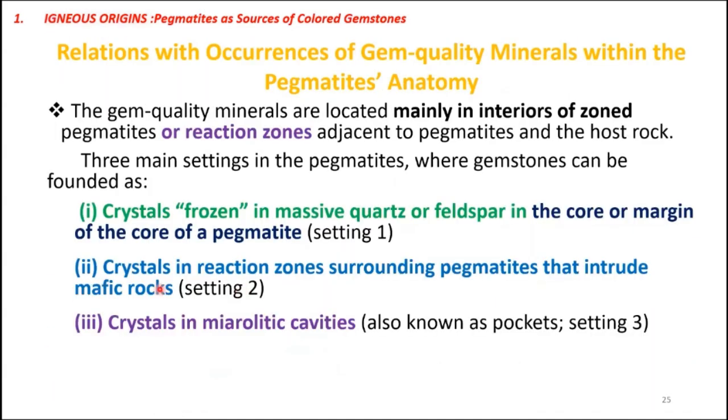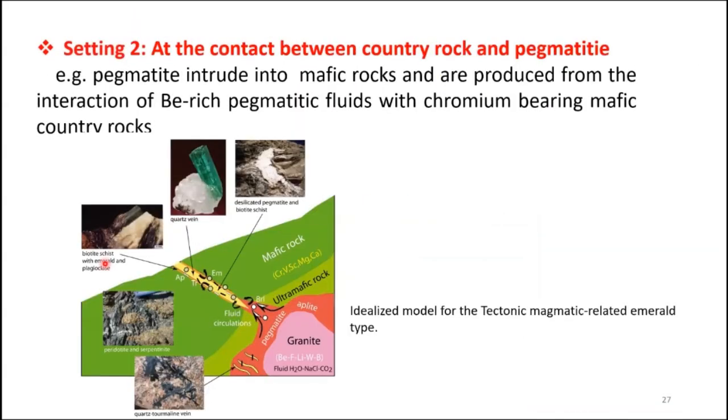The second zone is actually the contact between the pegmatite and its surrounding rock. As I mentioned earlier, this is the pegmatite and this is the country rock, the surrounding rock. At the contact, due to metasomatism, due to exchanging of some elements, some of the materials move from the pegmatite towards this contact.